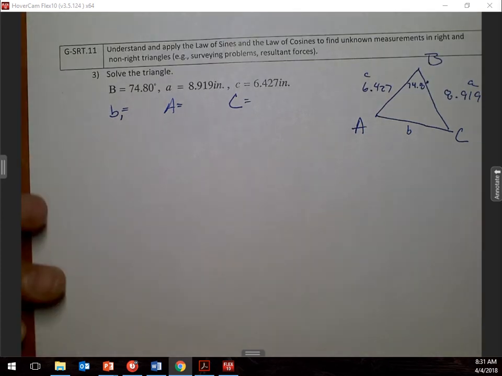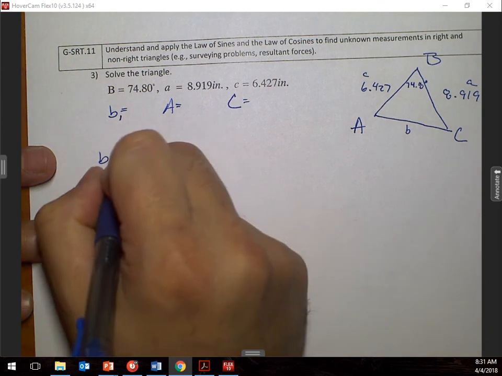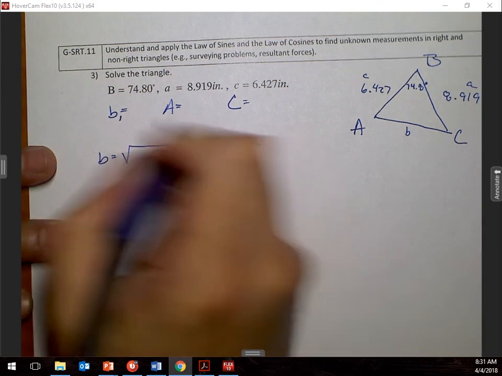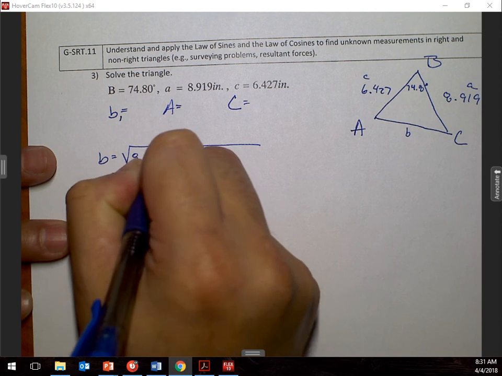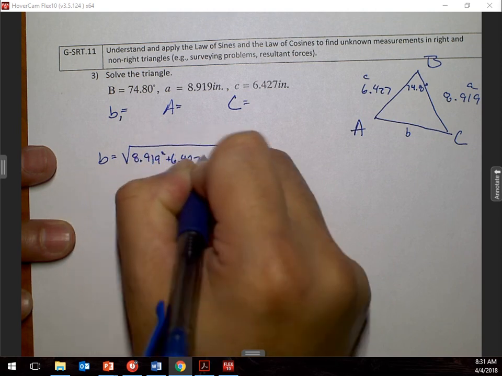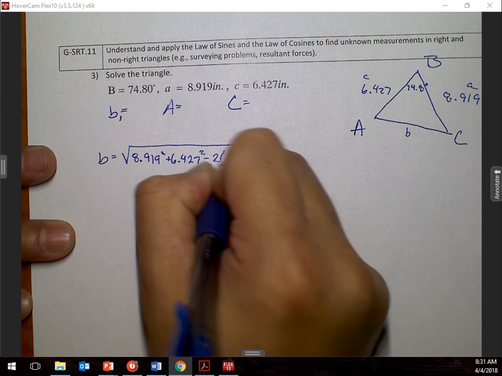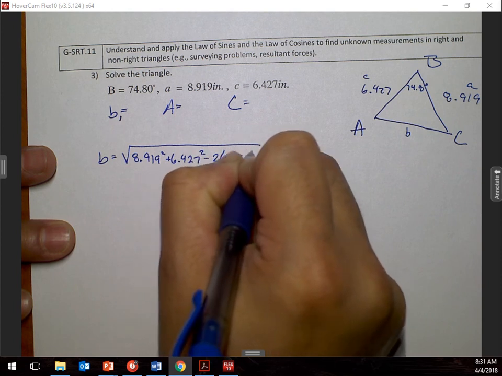Okay, so little b is equal to 8.919 squared plus 6.427 squared minus 2 times 8.919.